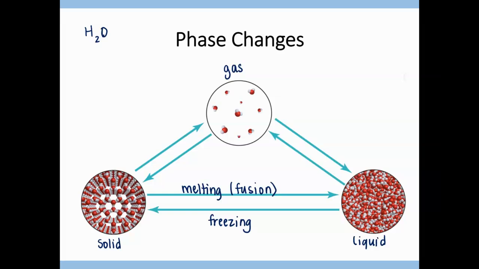Now we'll work our way up. Liquid to gas is vaporization. So we have a liquid substance and it's going to become a vapor. The opposite of that, a gas becoming a liquid, is condensation.